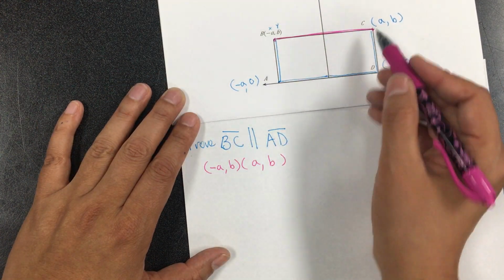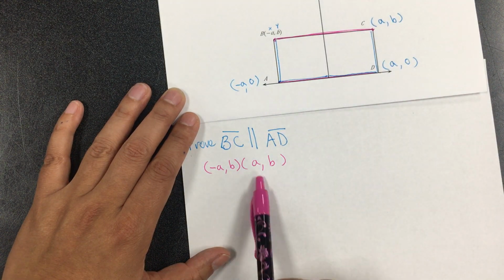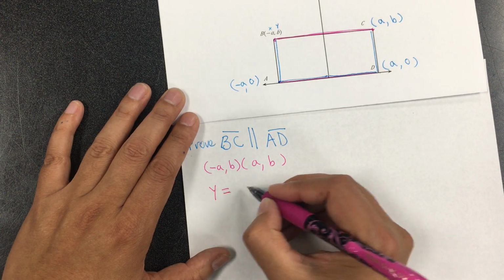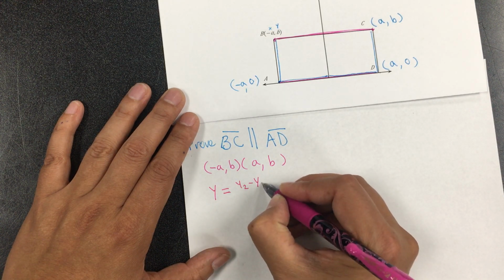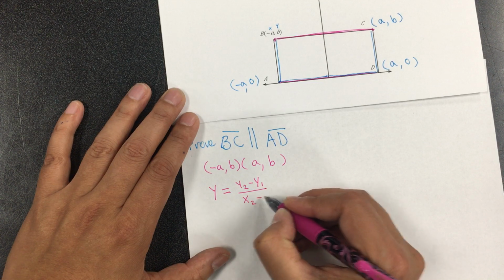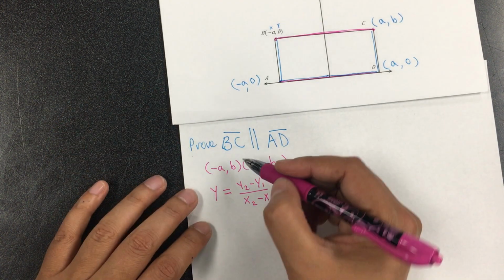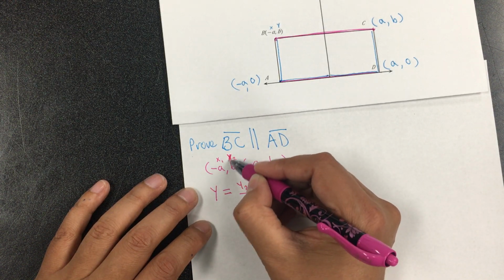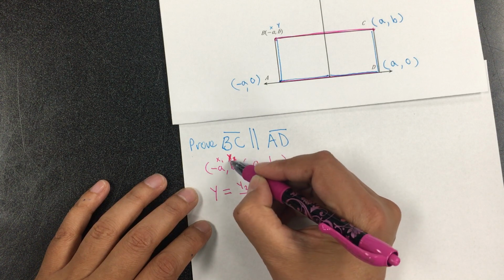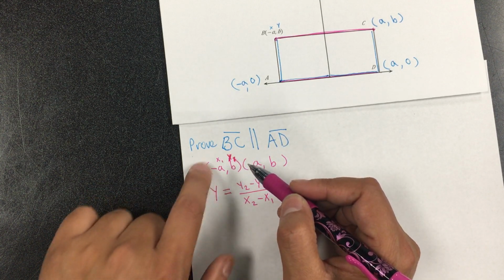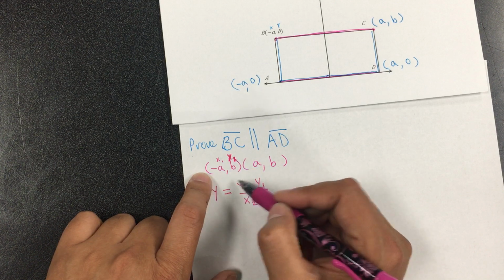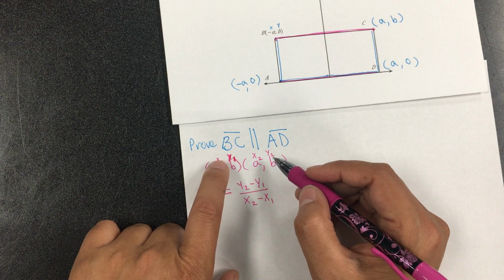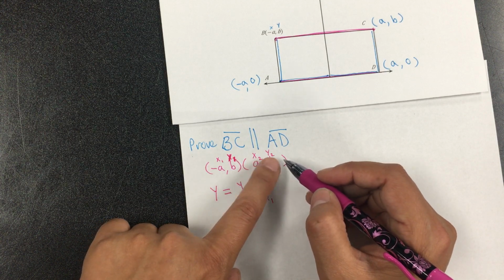Okay, BC and AD. So the formula is m equals y2 minus y1 over x2 minus x1. And so this is x1 and y1. I'm so sorry. And that means that this is point 1. So it's x and y for point 1. And you have x and y for point 2. So that's why they call it x1, y1, x2, y2.